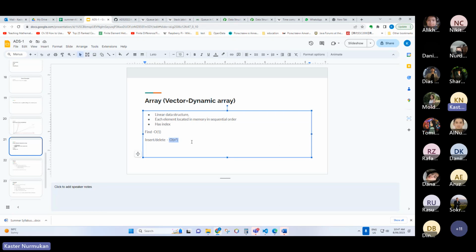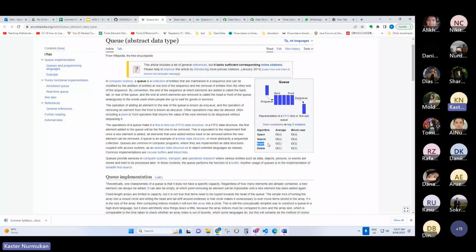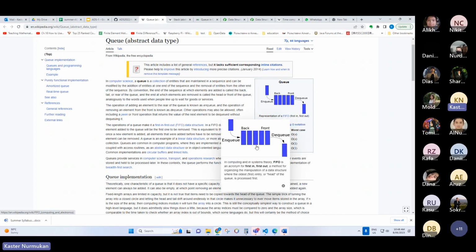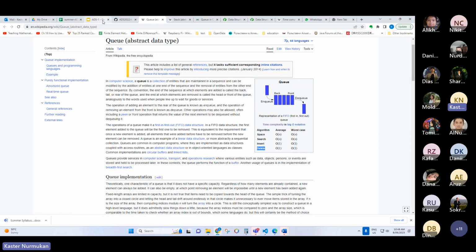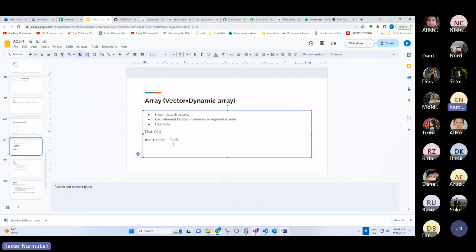Stack and queue insert and delete is better than array, right? Interesting. If you're trying to delete and insert, stack and queue are better, so you use them. But they only have two operations, pop and push.